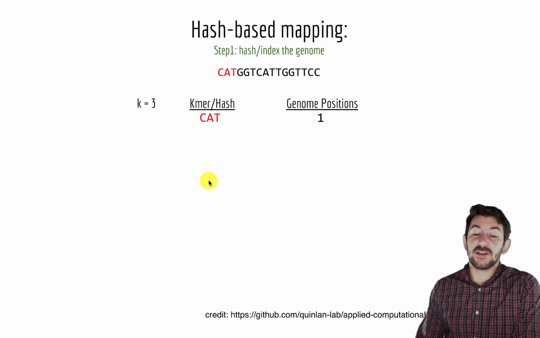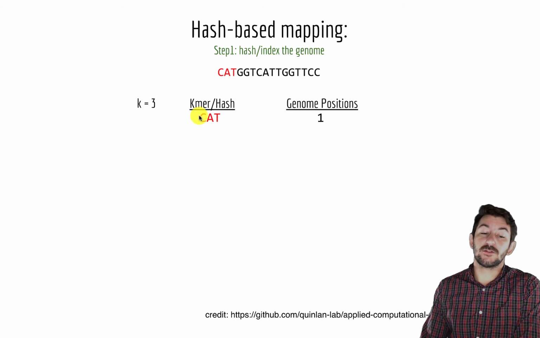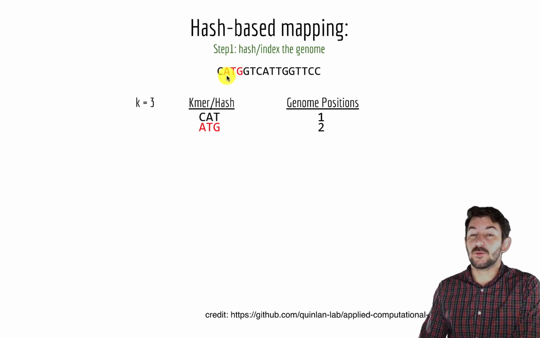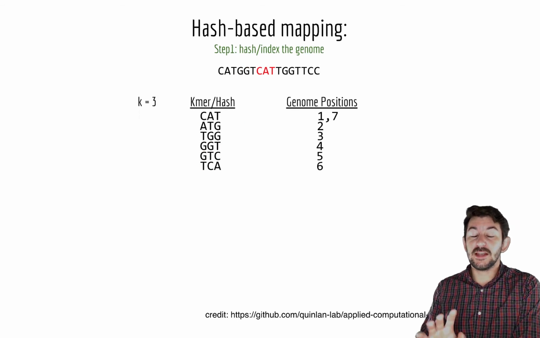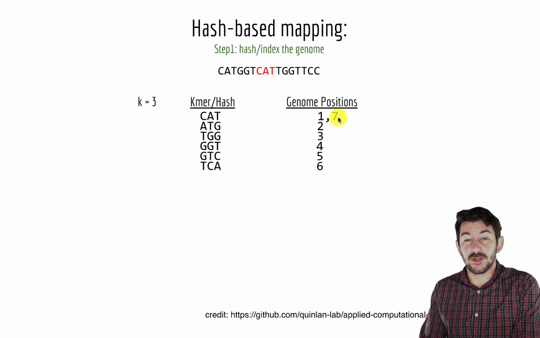And what happens in a hash table is not only do you get all those k-mers, you also get their genome positions that they start at. So CAT starts at position 1, ATG starts at position 2, and so forth. But what's interesting about a hash table is when you get back to instances of the same k-mer, you just tack on an extra position here.